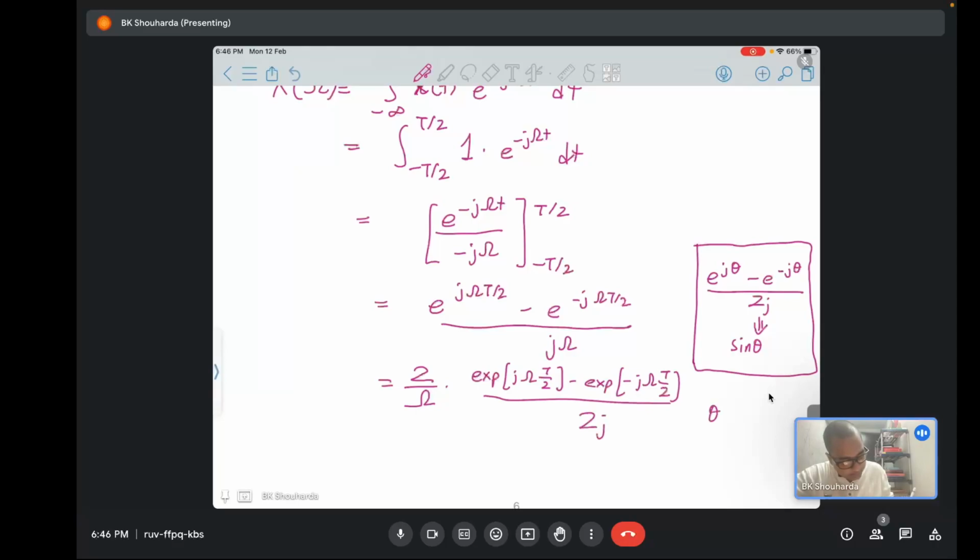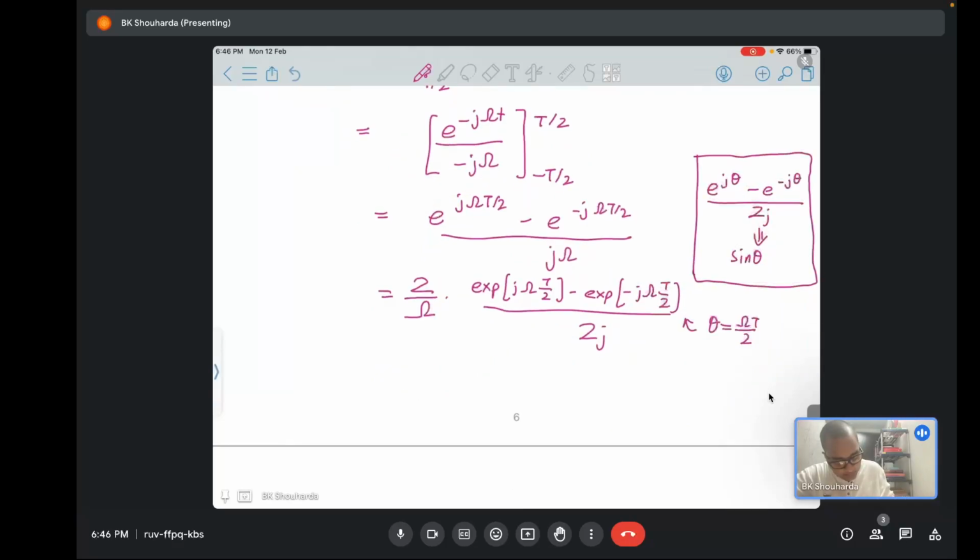Our theta is omega T upon 2 over here, and hence I can write it as 2 over omega sine of omega T upon 2.